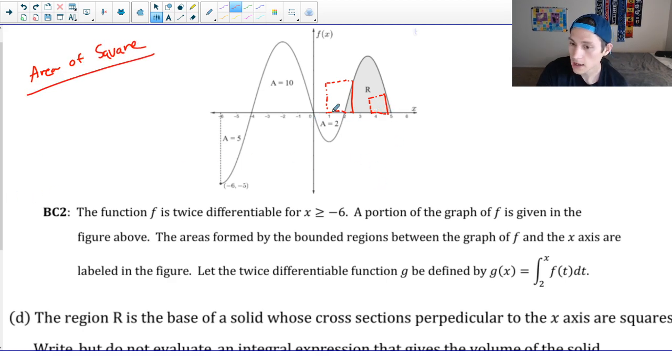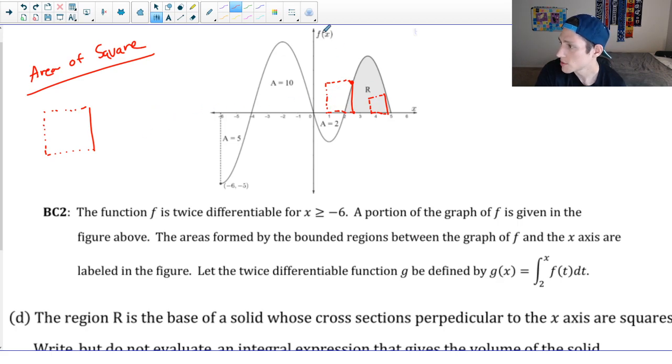So what is the area of one of these squares? Well, what's the area of this side length? Basically just asking what is the distance from here to here, which is just asking what is the y value. From here to here is just whatever this y value is.